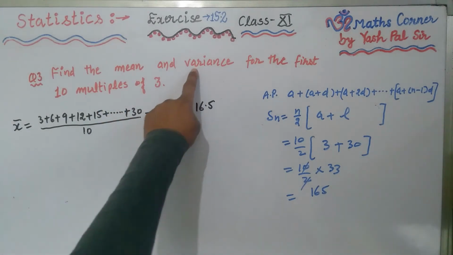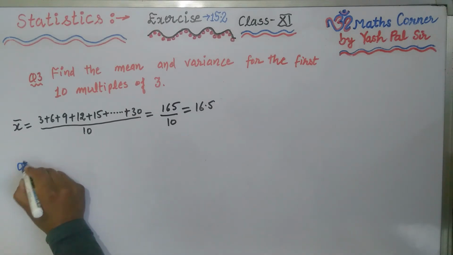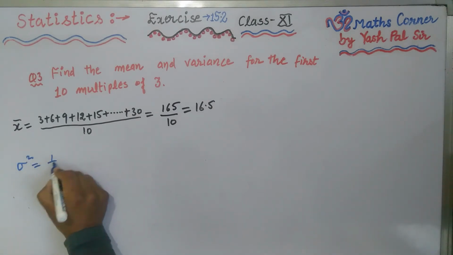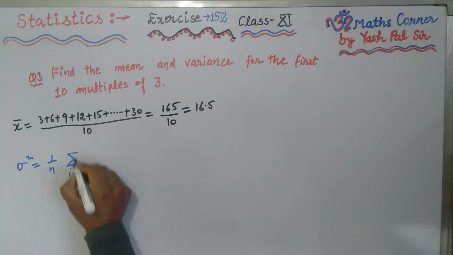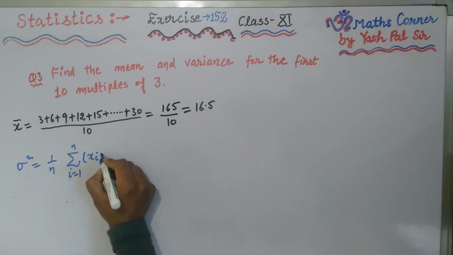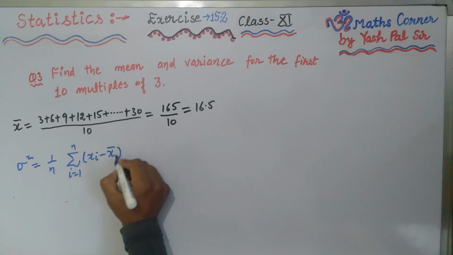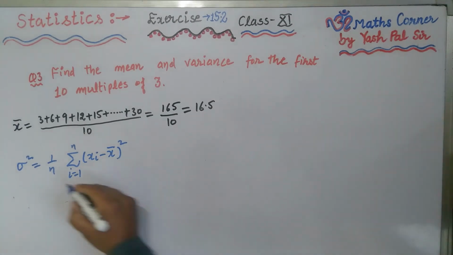Now variance. First of all, we write the formula: variance is equal to 1 upon n, summation i equal to 1 to n, xi minus x bar, its whole square, right? So here what is n?